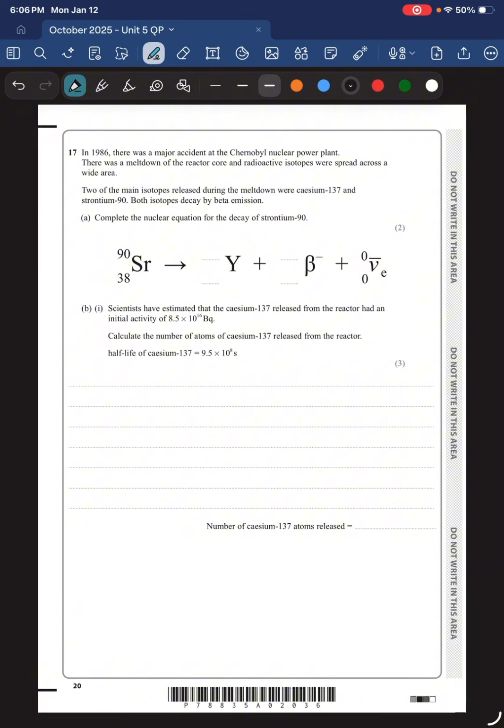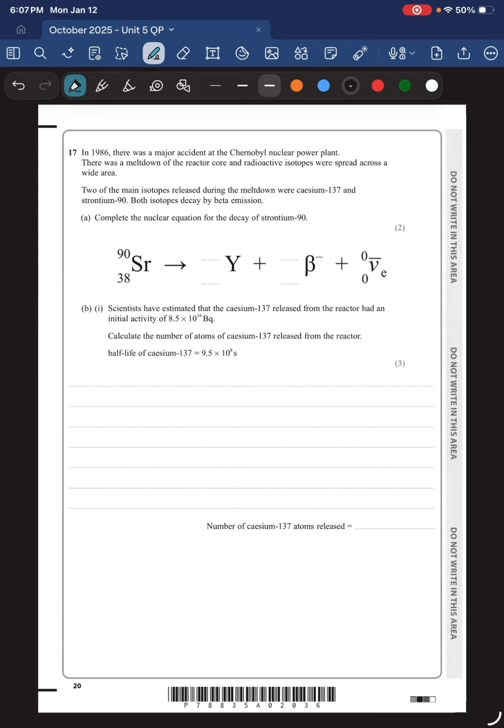Two of the main isotopes released during the meltdown were cesium-137 and strontium-90. Both isotopes decay by beta emission. Complete the nuclear equation for the decay of strontium-90.